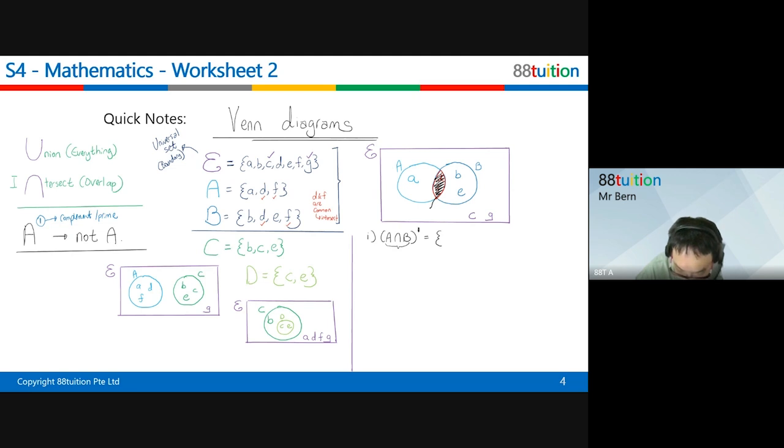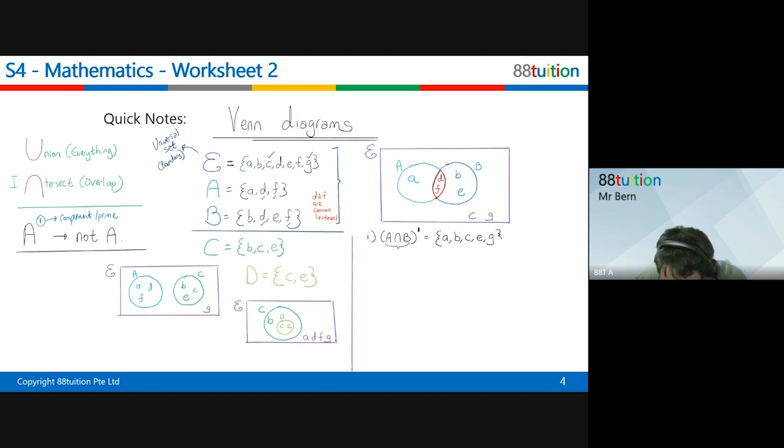But what is this prime? Prime means the complement. It means not. So they want not DF. They don't want this intersection. Not DF means everything else, which is A, B, C, E, G. Children, can you understand?